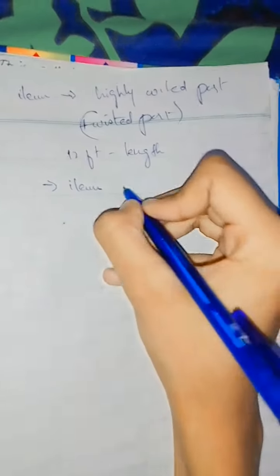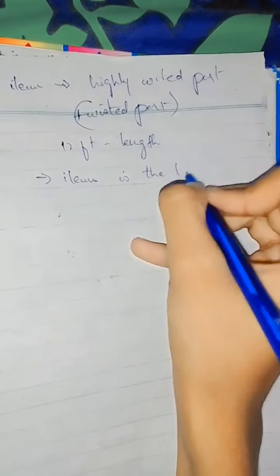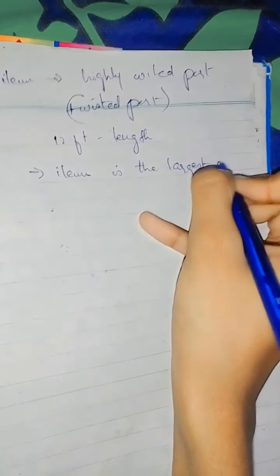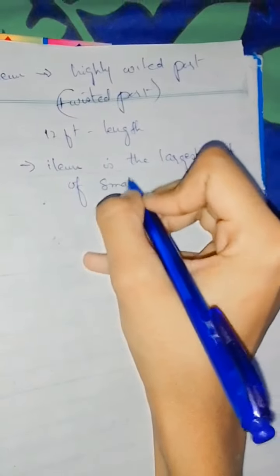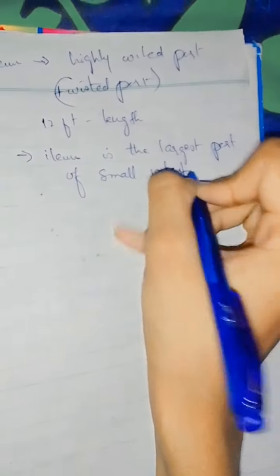As I said, the duodenum is the smallest part of the intestine; similarly, the ileum is the largest part of the small intestine.